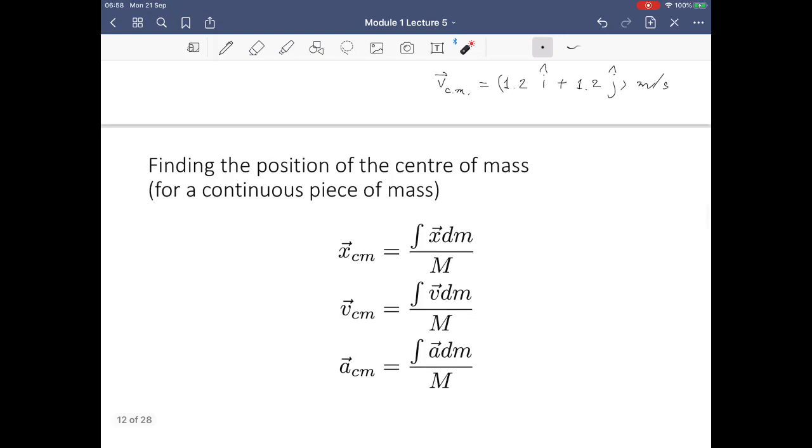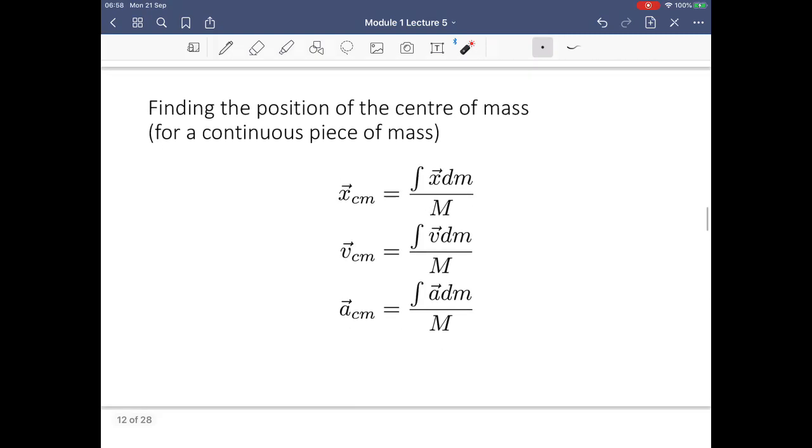Next, let us talk about how to find the position of the center of mass and the velocity and acceleration as well when the system is not composed of smaller chunks of particles or smaller discrete masses. But what if the system is composed of a continuous piece of mass? Then how can you find x_cm, v_cm, and a_cm?